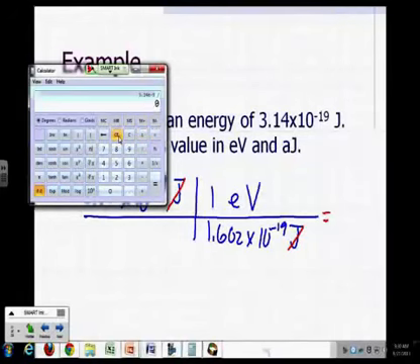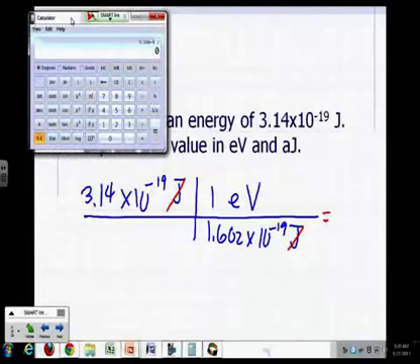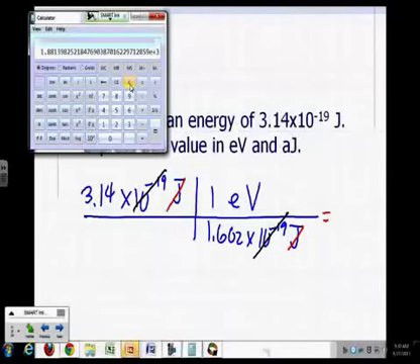Okay, that's clear. 10 to the negative 19 is just going to cancel out, right? So let's make that easier. So 3.14 divided by 1.602 is just 1.96.